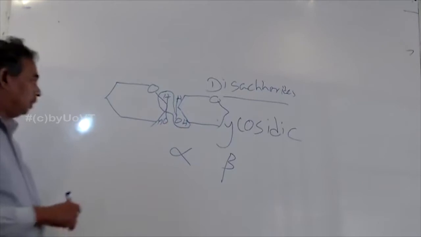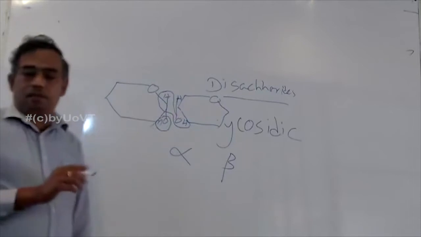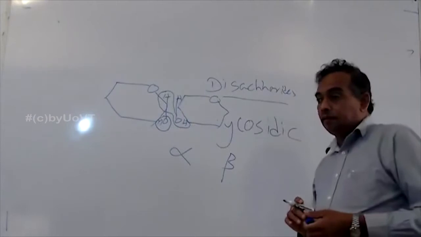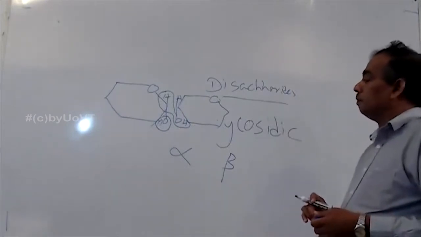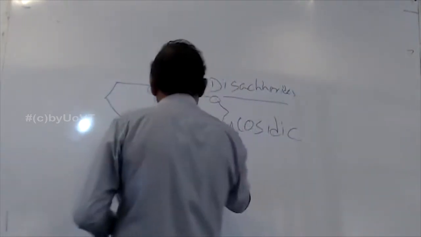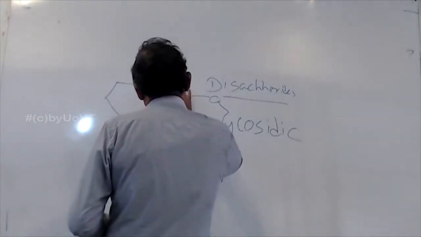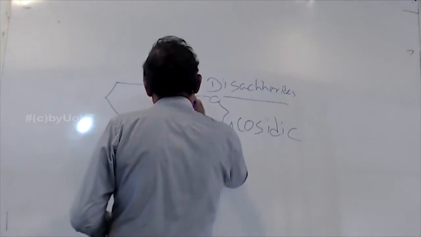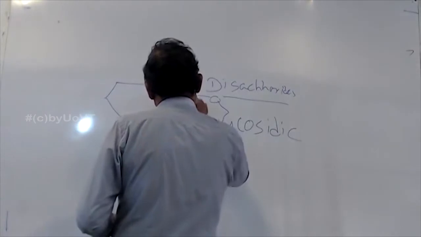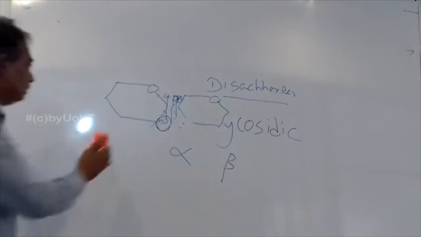But if you take this hydroxyl group, this is at the beta position. I think you know what is alpha and what is beta, right? This hydroxyl group is at the beta position. This is not the way. So if I draw it very clearly, I think it's not clear.